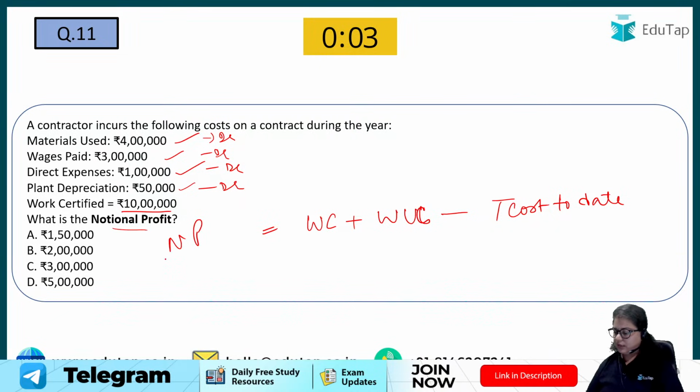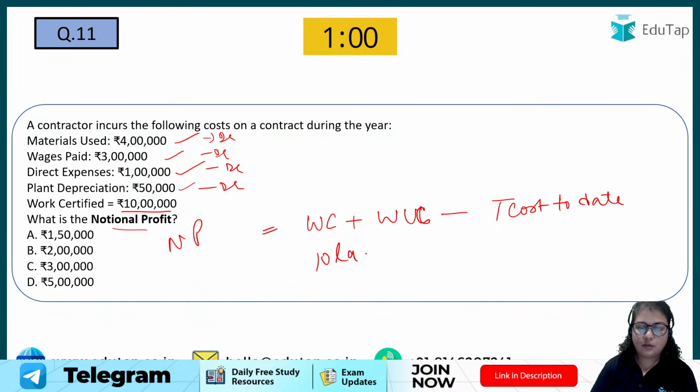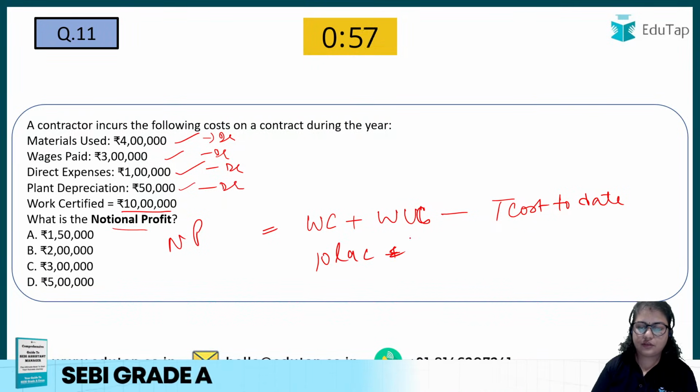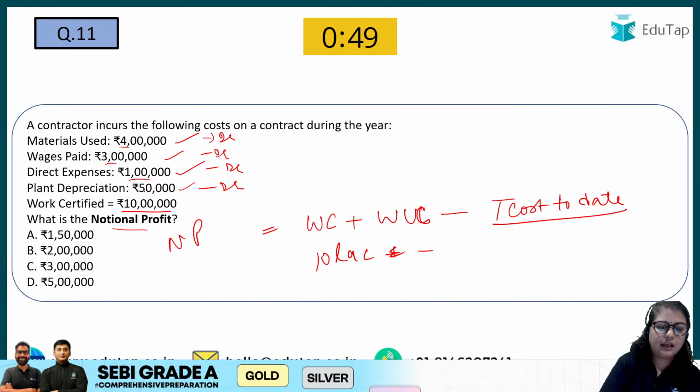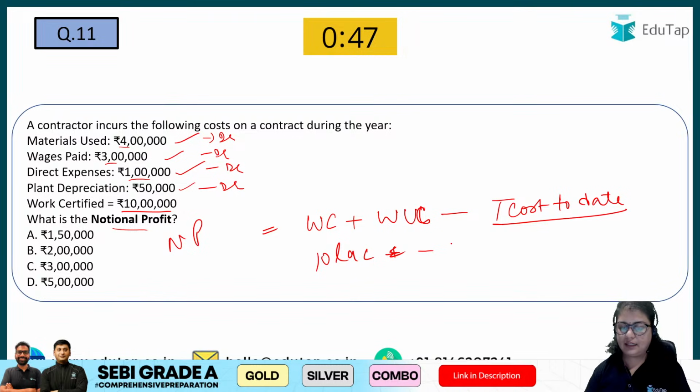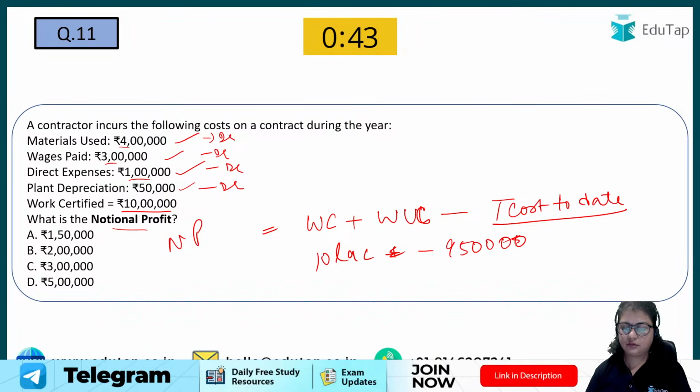So what is the work certified here? 10 lakh. Work uncertified is not given to you, so it's okay. Minus the total cost up to the date. So it is 4 lakh plus 3 lakh plus 1 lakh, that is 4 plus 3 is 7, 8 and 9 lakh 50,000. So 10 lakh minus this, what is the notional profit?